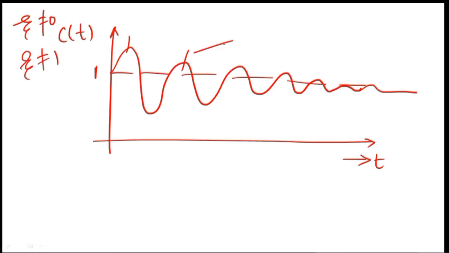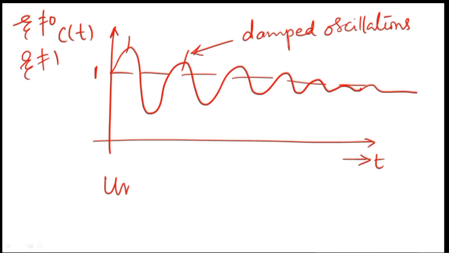So these oscillations are called damped oscillations. As the oscillations are damping out with respect to time, this response is known as the underdamped response.